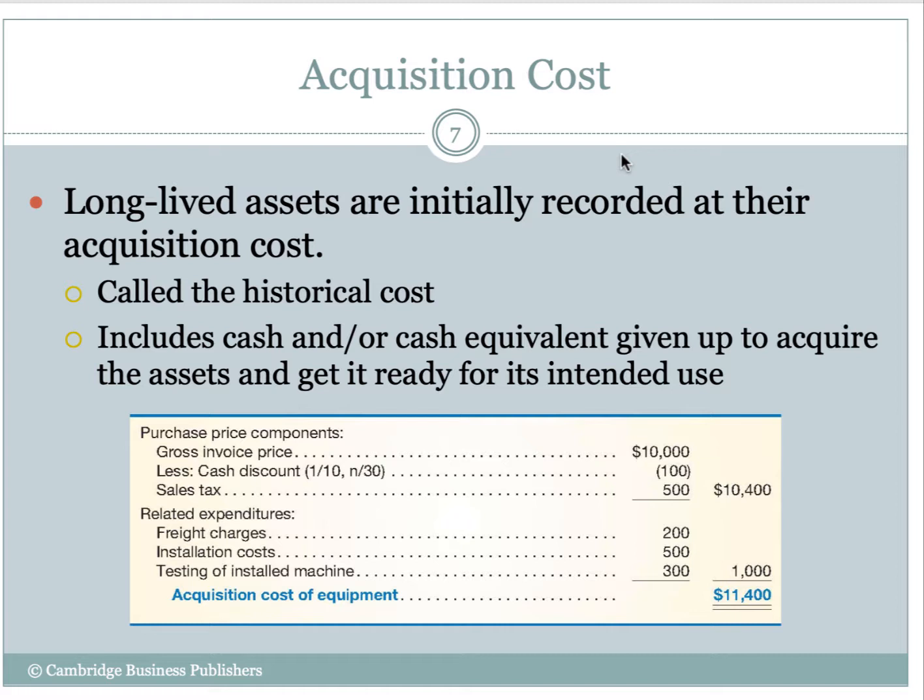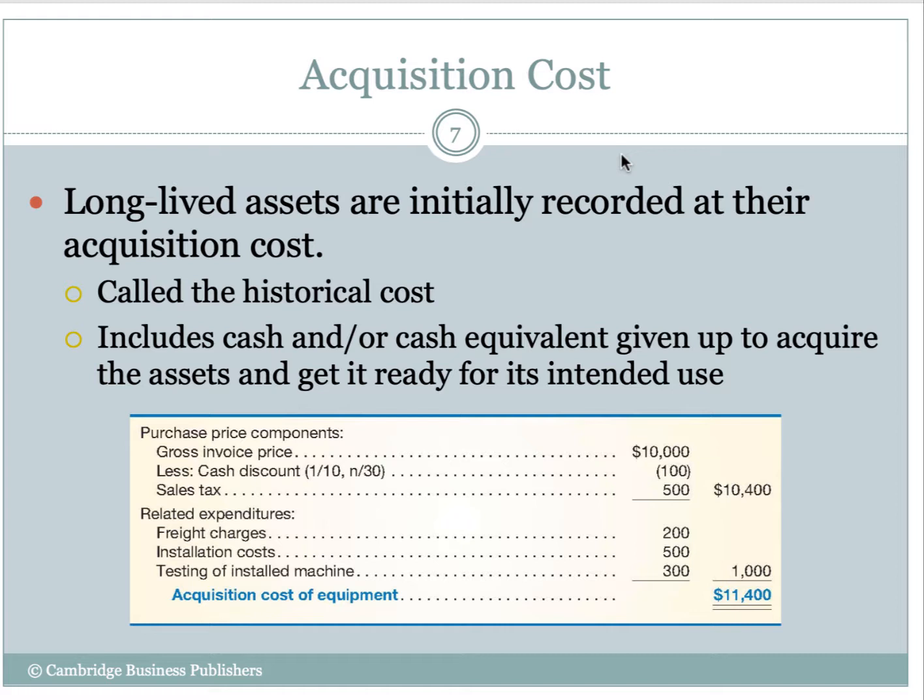But when we're looking at historical cost, we're including everything that we gave up to get that asset. Meaning, we include any cash or cash equivalents that we gave up to get that asset, and we also include any costs that we incurred to get the asset ready for its intended use.